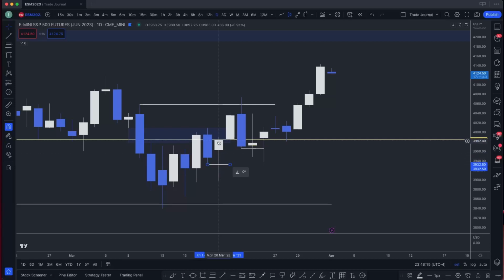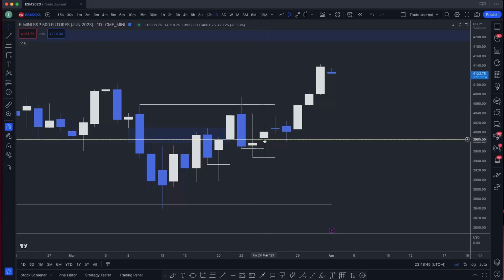Here it went down, very nice rejection back up, closing near the high. Here, yes, it rejected, it couldn't close below, but I wouldn't call that a very inspiring close if you're bullish. But the following day, tried to go lower to the 23rd, and this time we get a much more dynamic close to the upside.